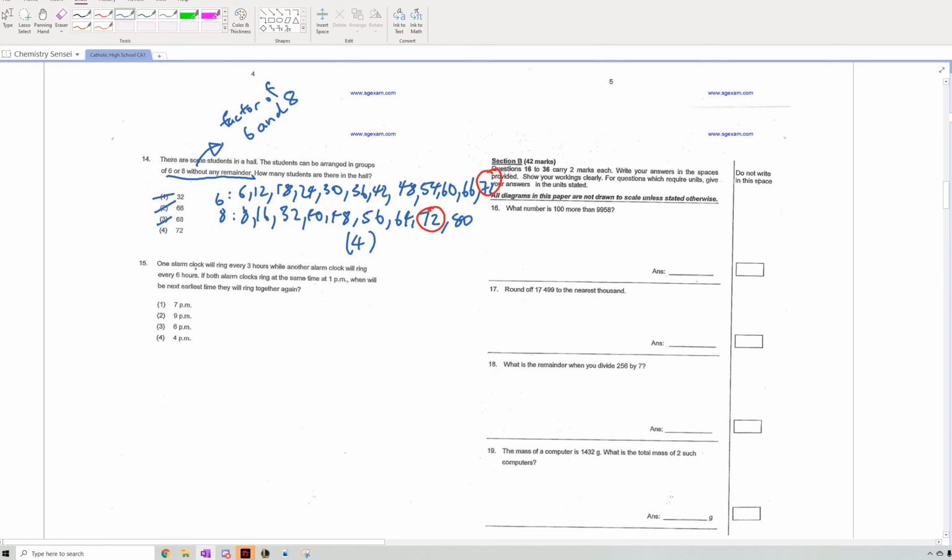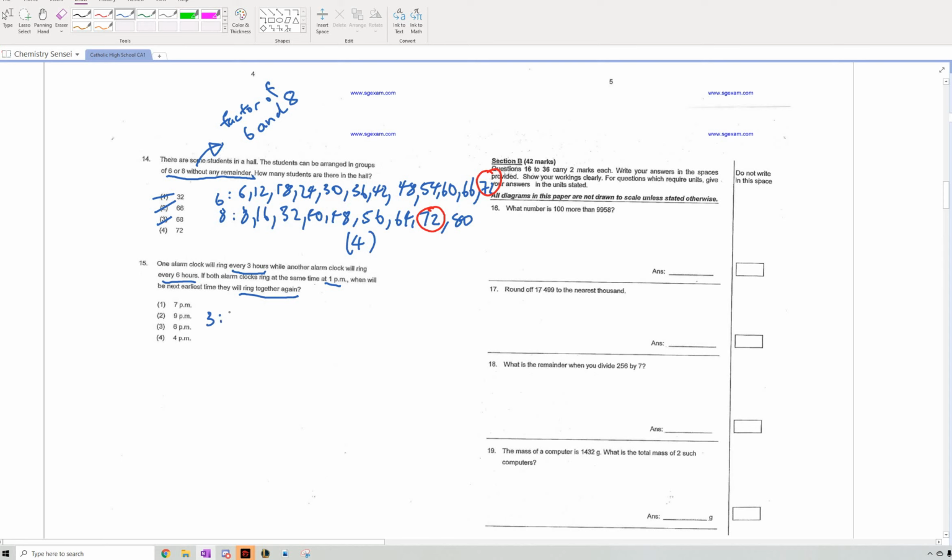Last question, question 15. One alarm clock will ring every 3 hours, while another alarm clock will ring every 6 hours. If both alarm clocks ring at the same time at 1 p.m., when will be the next earliest time when they will ring together? So every 3 hours suggests that it has a multiple of 3.